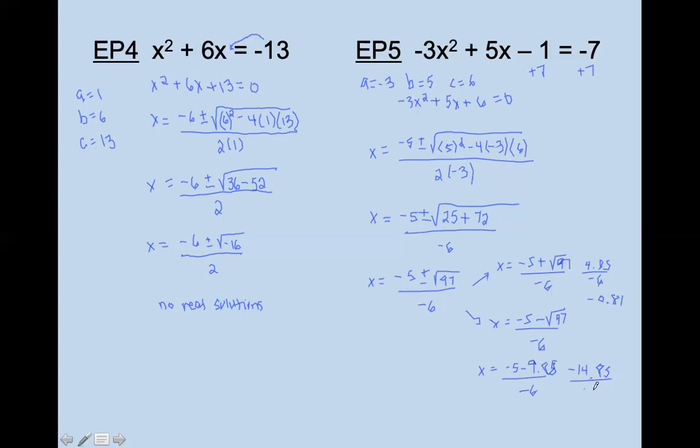So this time we're going to get a positive answer because negative divided by negative is positive. So x, and again, remember, use the wavy line for approximately equal to 2.48 in this case. And our other one was x approximately equal to -0.81. All right, so this is one of my solutions, and this is one.